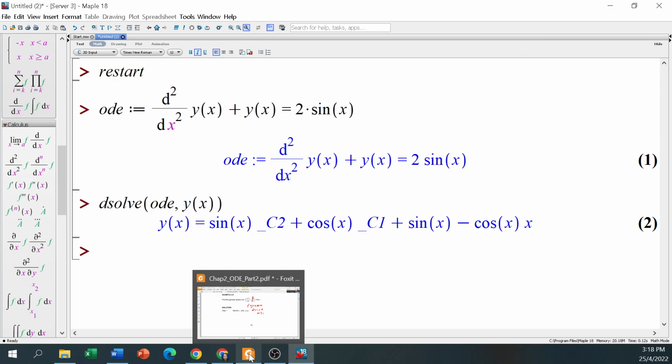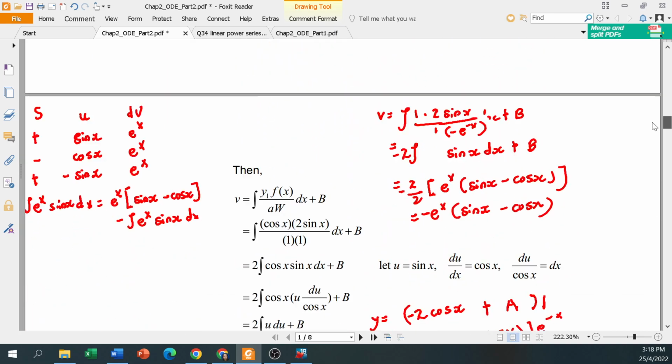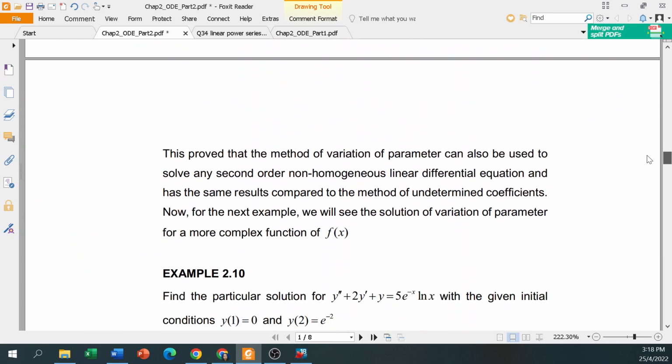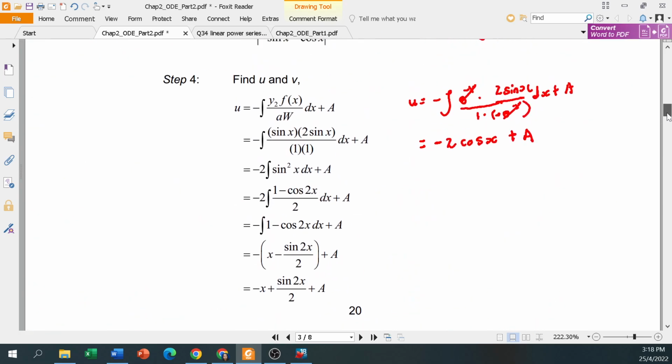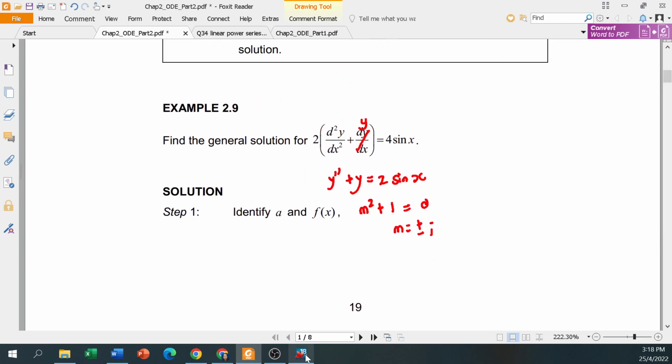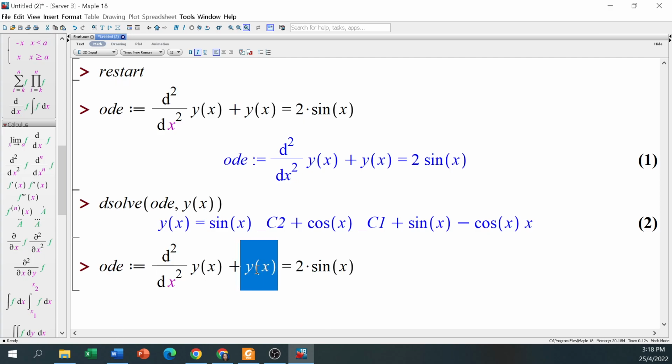If you change it to y, the question, you should get as the given solution a cos x plus b sin x minus cos x. And then if you want the original question, the wrong question there, I can Control C this one.